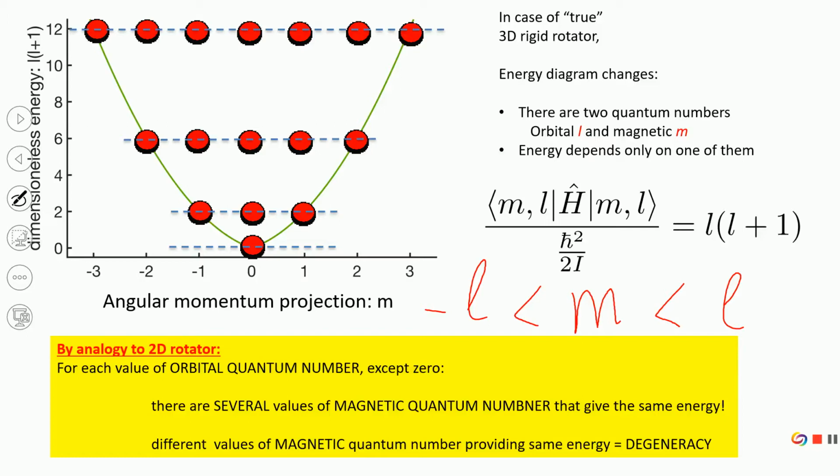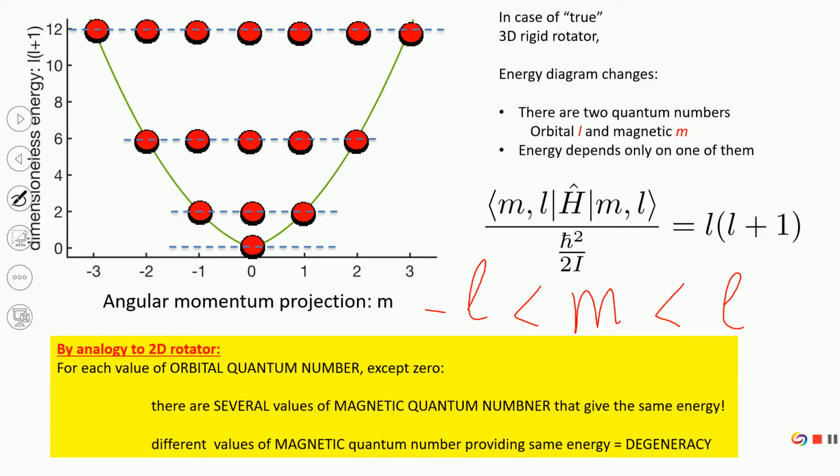So when the overall quantum rotation has a certain value, there are values of the magnetic quantum number in between. So in this sense, the degeneracy, the number of states with a certain energy, will be different.